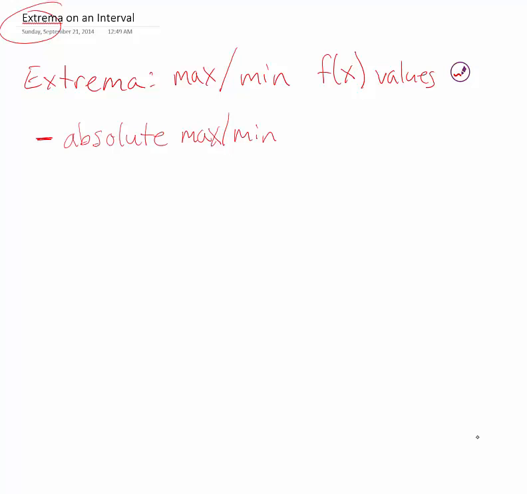Sometimes you'll see the word global used also, like global max or global min. And the other one is called a relative max or a relative min. These are points where, if it's a relative max, everything surrounding the point is smaller.